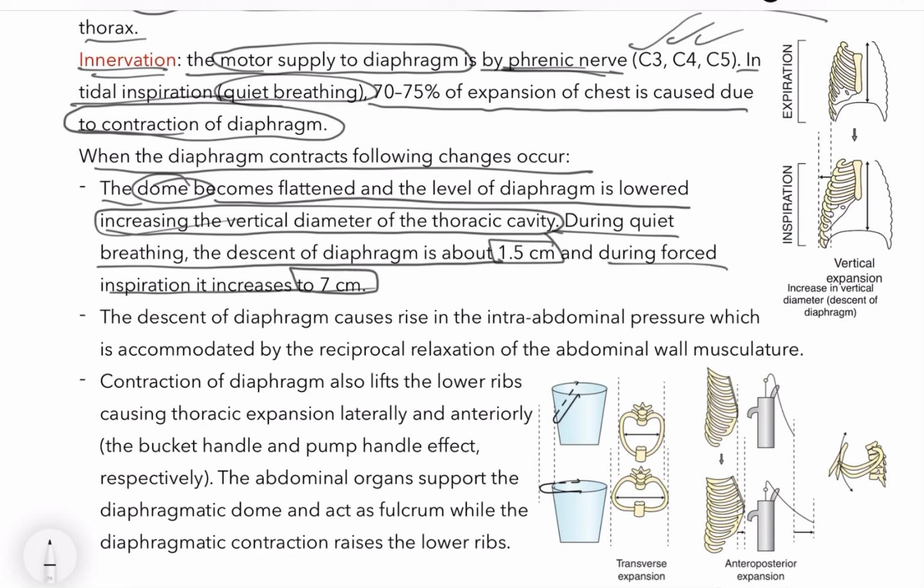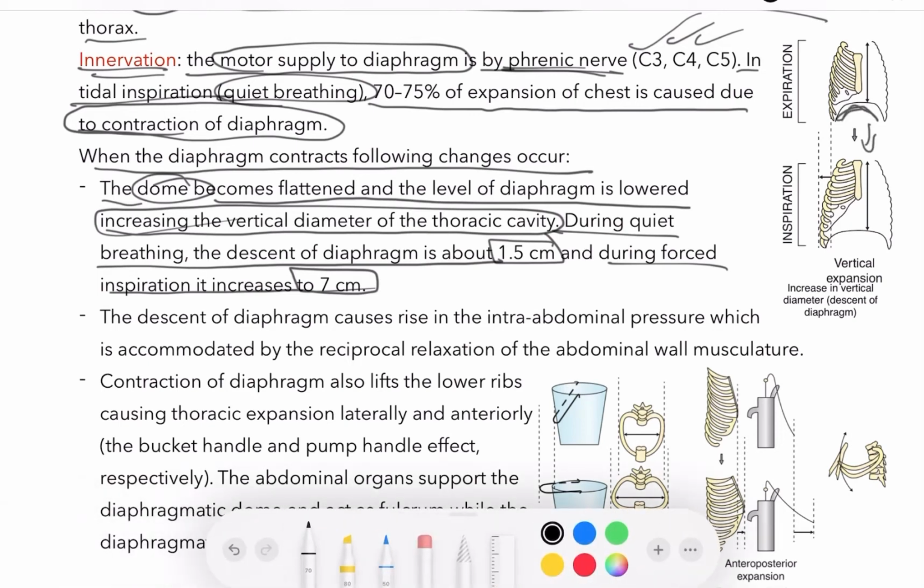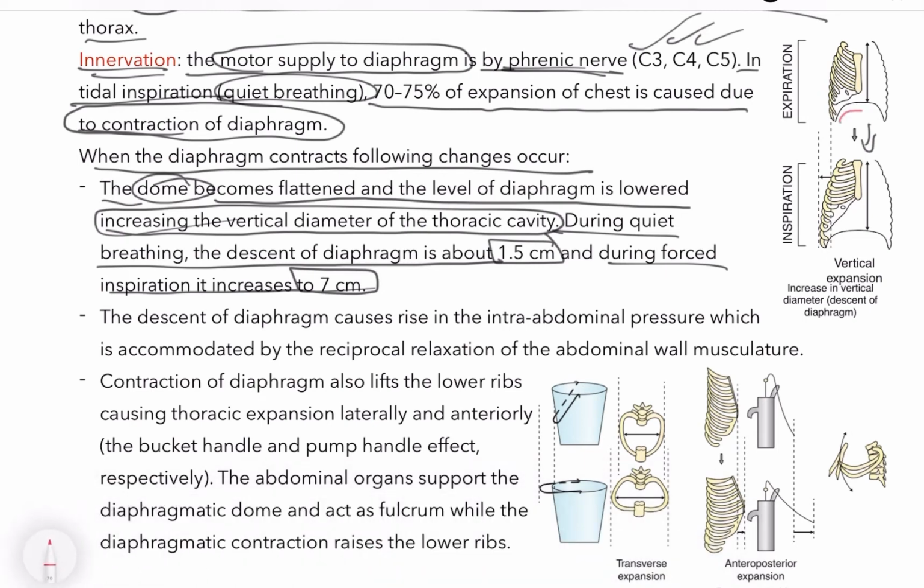When there is expiration, the diaphragm is dome shaped. When there is inspiration, the diaphragm, which is dome shaped, becomes flattened. Now you can see in the figure, it was dome shaped. Now from the dome shape, it becomes flattened, and the level of the diaphragm is lowered, increasing the vertical diameter of the thoracic cavity.